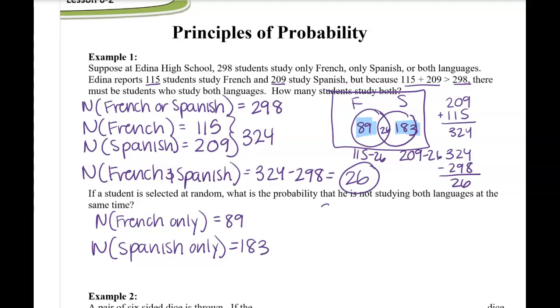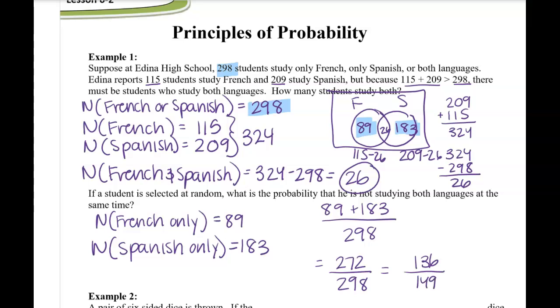So we're looking at 89 plus 183 over our total students, which was our 298. This is equal to 272 over 298, which simplifies to 136 over 149 if you divide top and bottom by 2. So what's the probability that a random student you select will not be studying both languages? 136 out of 149.